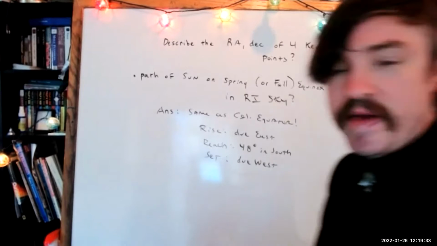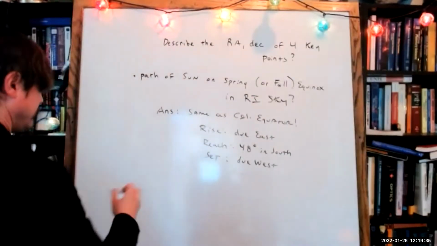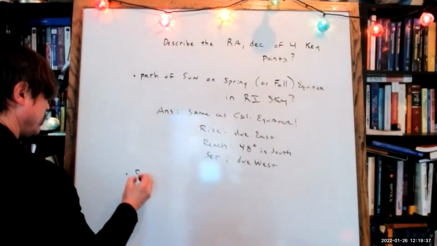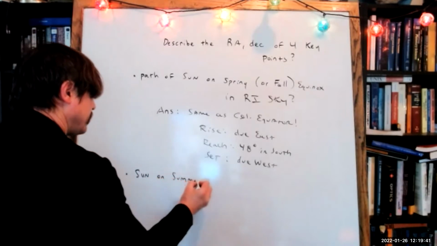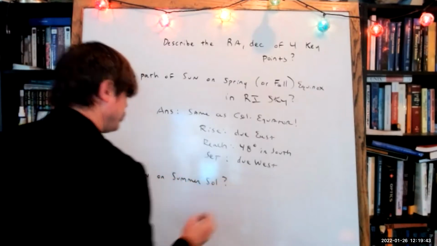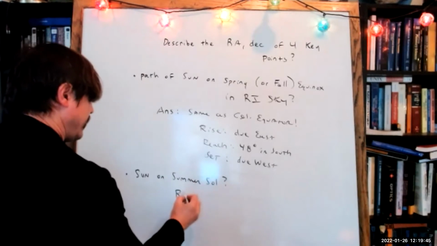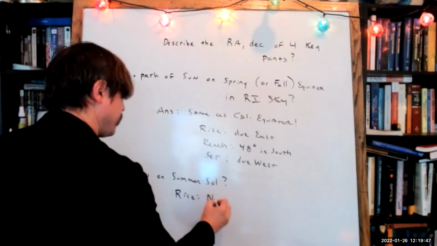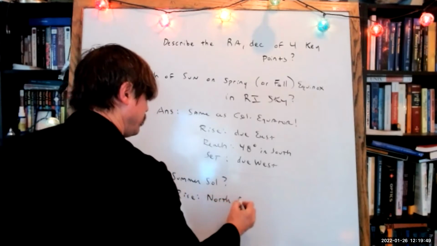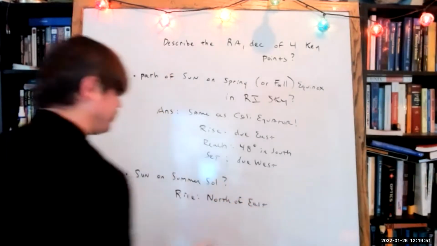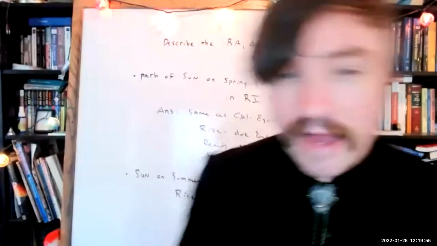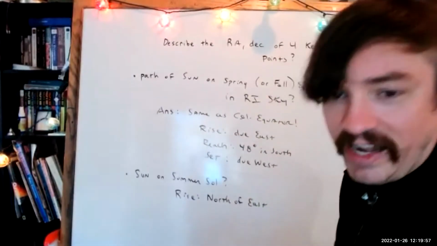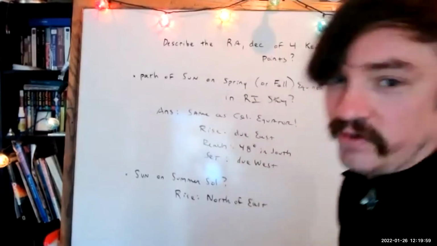We could also imagine the path of the sun on some other day. If we did the sun on the summer solstice, it would rise, let's see here, north of east. By the way, what would the declination of the sun be on the summer solstice? I'm going to start using all my vocab now in an effort to twist you around and confuse you.